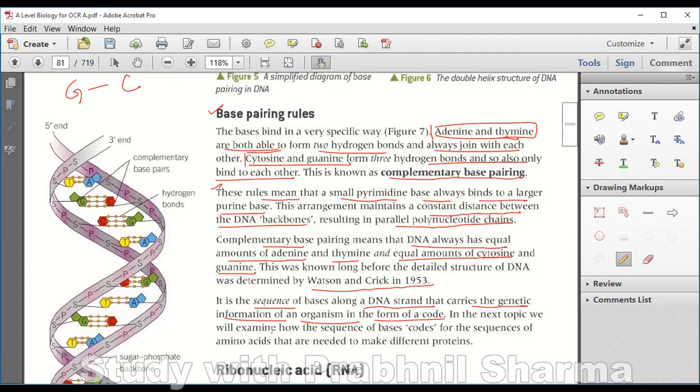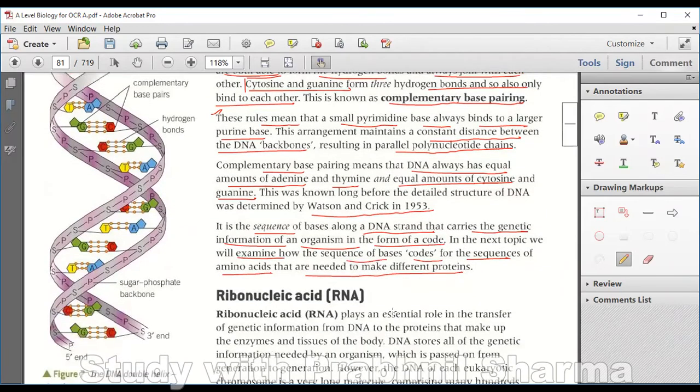In the next topic, we will examine how the sequence of the bases of the code and the sequence of the amino acids are needed to make different proteins. So in our next class, we will study how these sequences are coded and replicated.